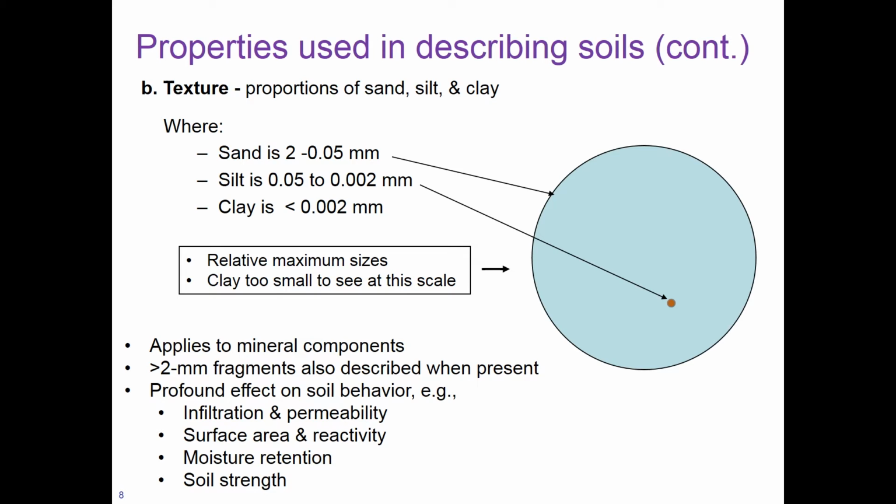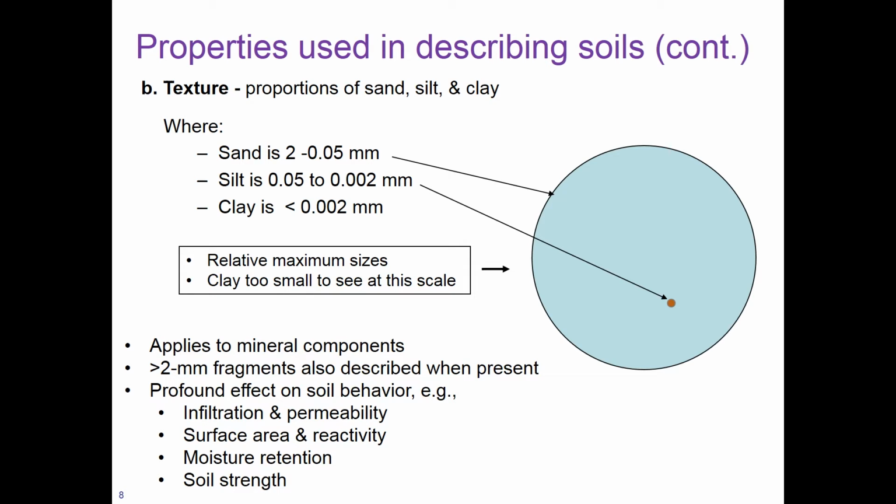The term texture applies to mineral components, and sometimes if you have material greater than 2 millimeters, then they are also described, and they would have their own terms like gravel or stones, boulders, and things like that.